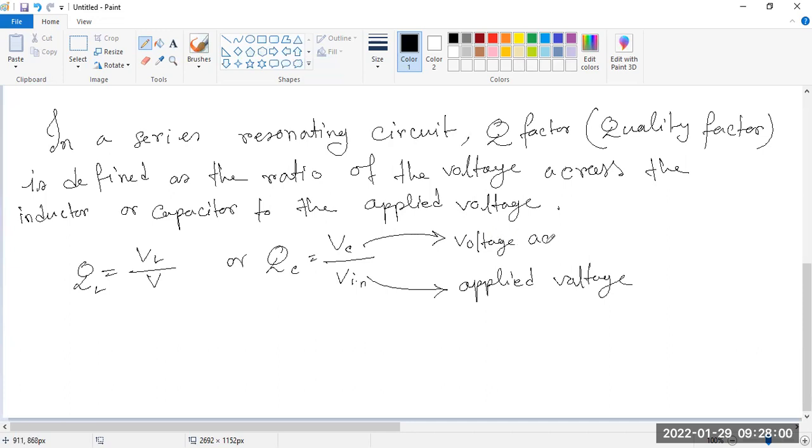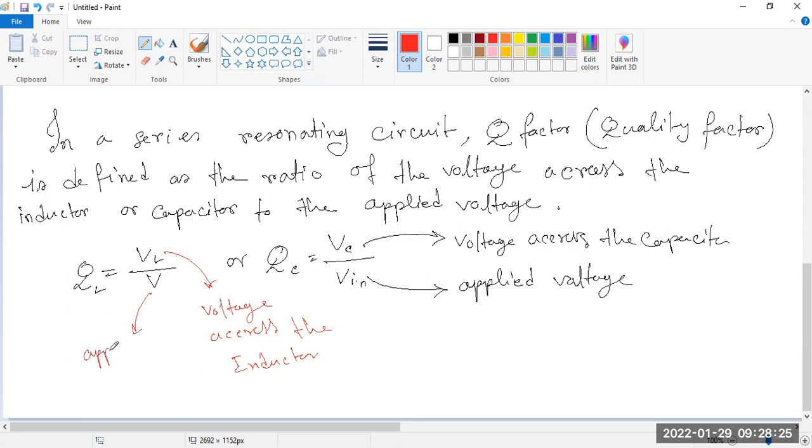The same thing for the voltage across the inductor, and this is the applied voltage, or the input voltage, whatever it may be. So this is the quality factor.